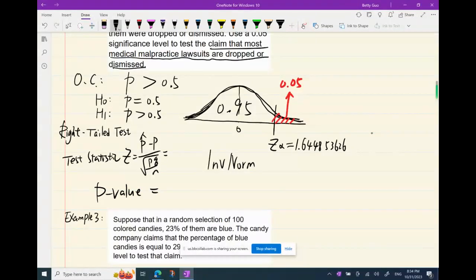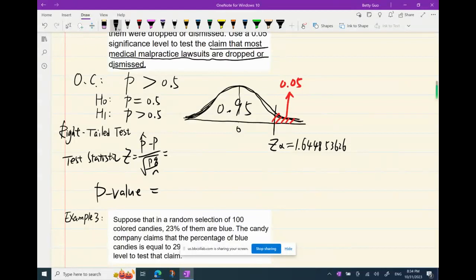Since I already told you the calculator method, you probably don't want to use the formula again, right? Let's use the calculator to get familiar with the function we need to use to test the claim regarding population proportion. So we go to stat, go to tests, and go down to number 5 on my calculator: 1 proportion z test.